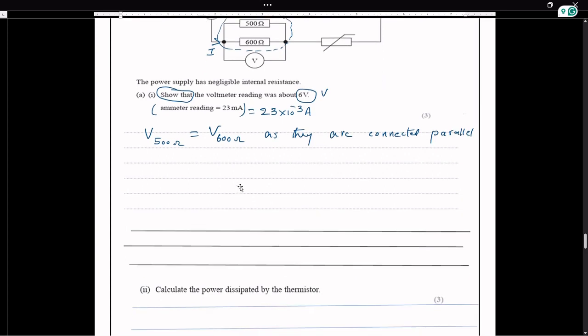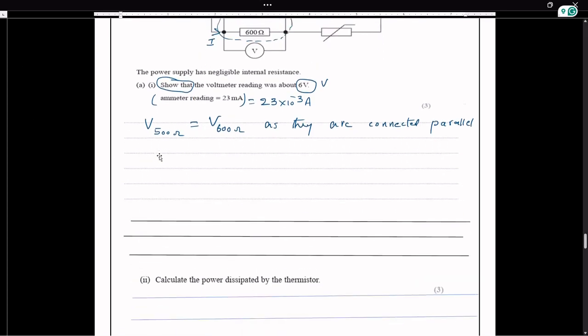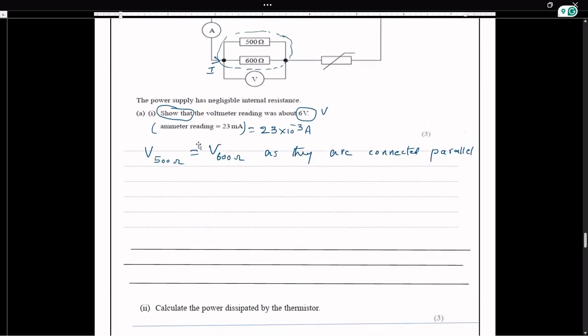Okay, so now we can calculate the voltage of 500 ohm or the voltage of 600 ohm. So let me write this as the voltage of 500 ohm, and here it is the voltage of 600 ohm resistor.